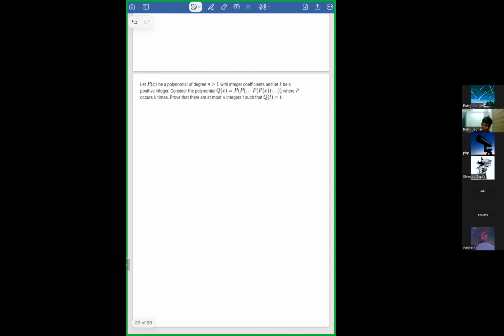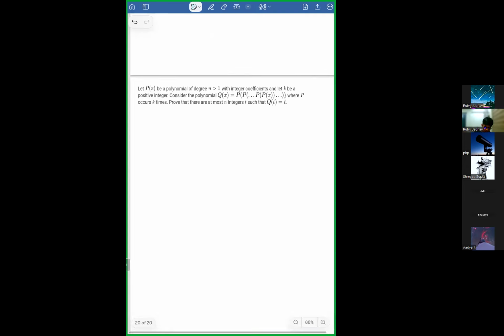So here we want to prove that there are at most n integers, right? What is the first thing that you think of doing after seeing at most n integers?